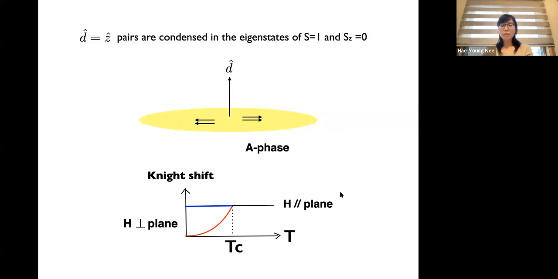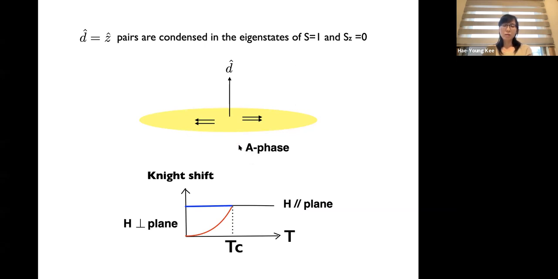So when the magnetic field is along the in-plane direction, then the Knight shift, which is the measure of the number of states that respond to the magnetic field, will be the same as the normal state. So the black line is the normal state Knight shift, the density of states. If, in the superconductor across the Tc, the magnetic field along this in-plane is still the same, that means that I only have up, up, and down, down pairs.